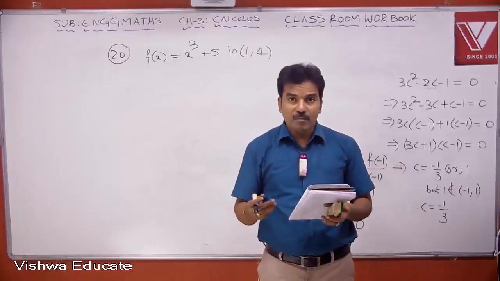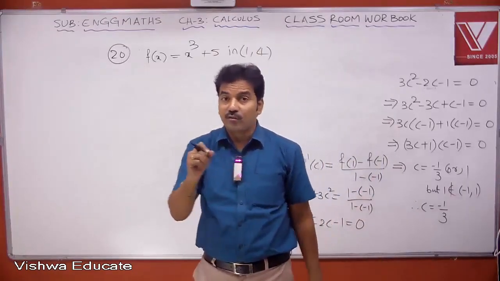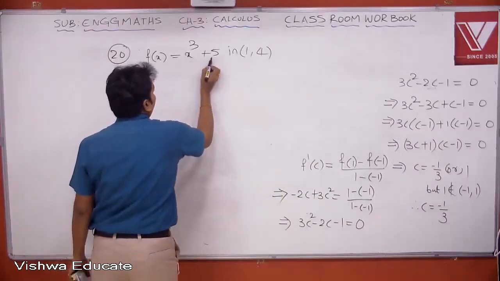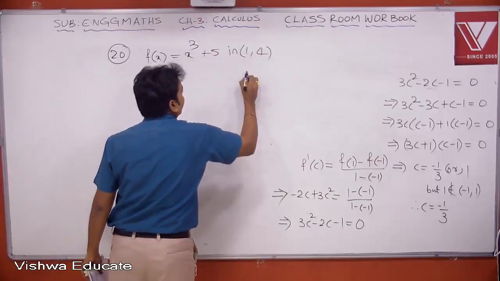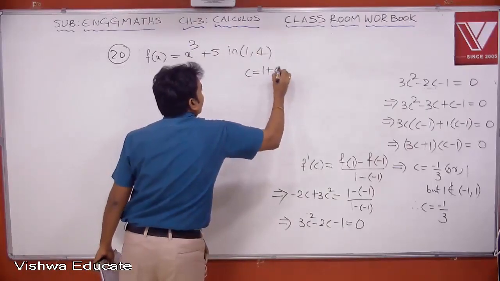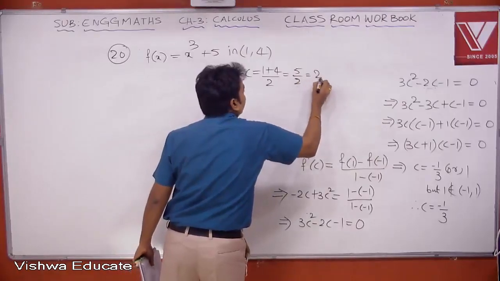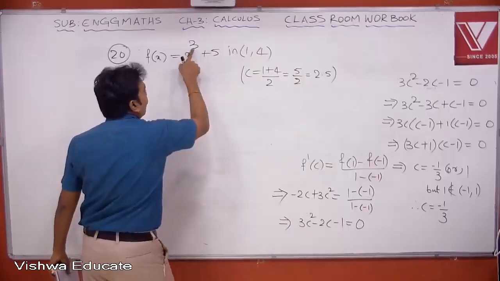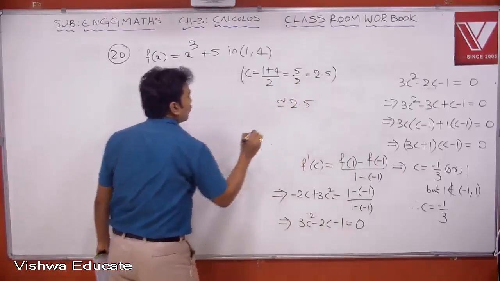So this is just like previous question, but they were asking x value, c value rounded off to the second decimal place, accurate to second decimal place. It's a third degree polynomial. If it is second degree polynomial, it will be midpoint of this. What is midpoint? 1 plus 4 divided by 2. 5 by 2, this will be 2.5. If it is a second degree polynomial. But this is third degree, so mostly answer will be close to 2.5.